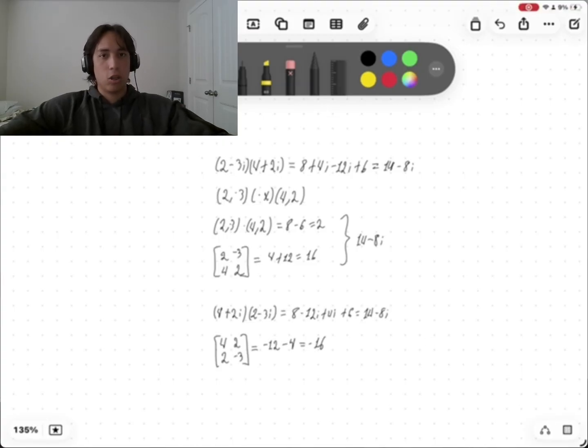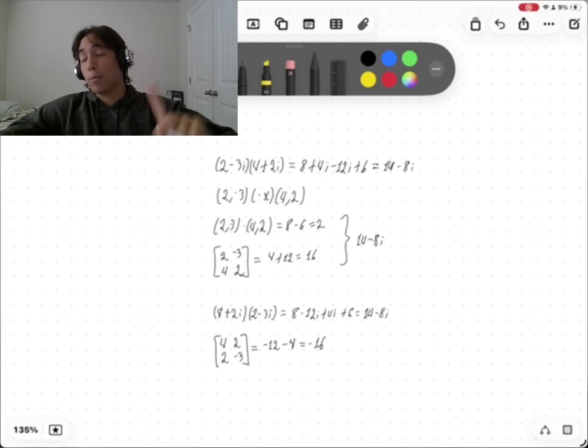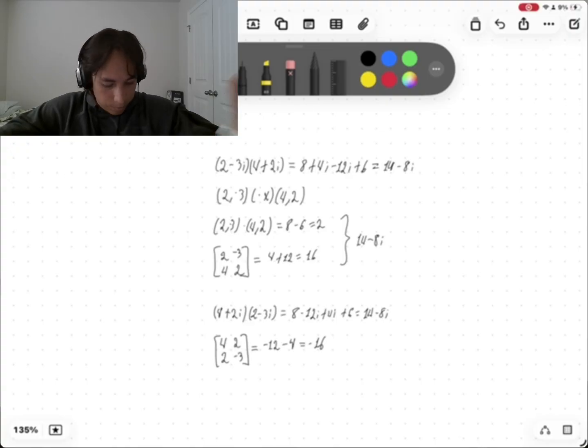At least you cannot do it with a standard dot product, or as some other people might call it, a Euclidean inner product.